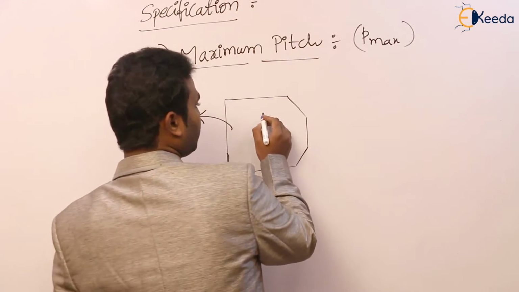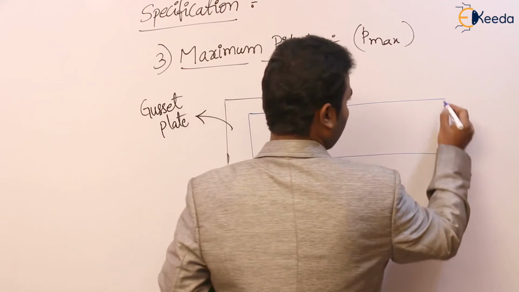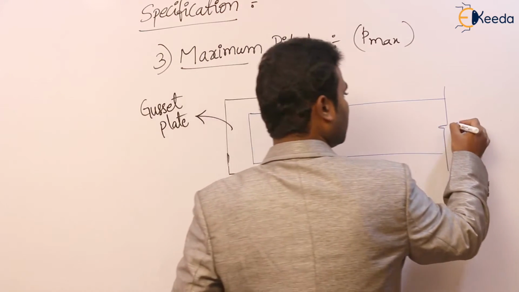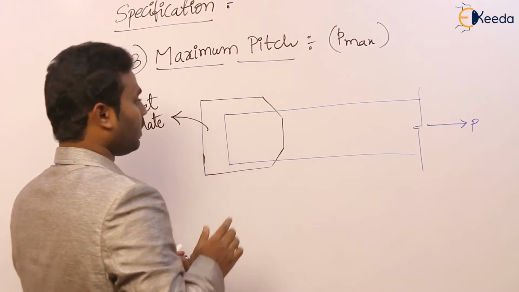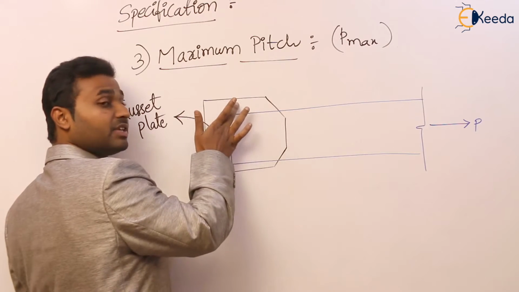To this gusset plate, we have connected a plate here. This symbol indicates length continues. Here the load is there, P.